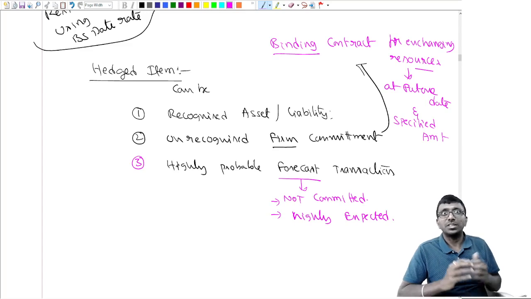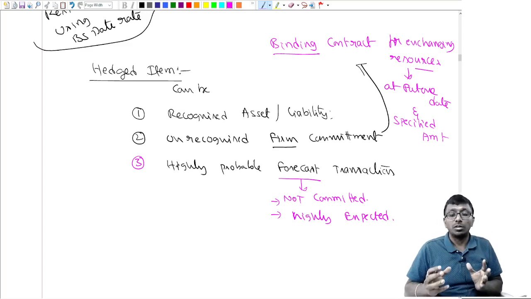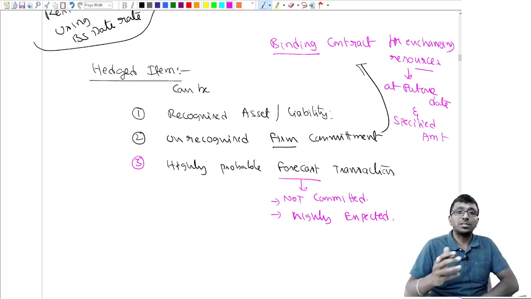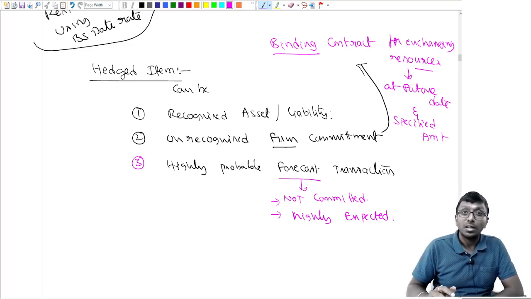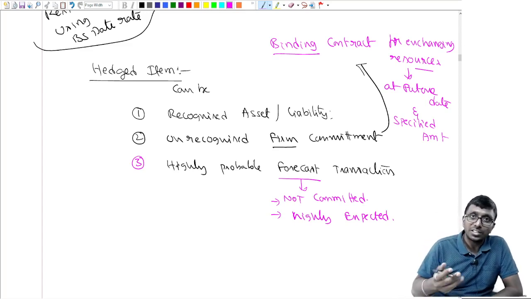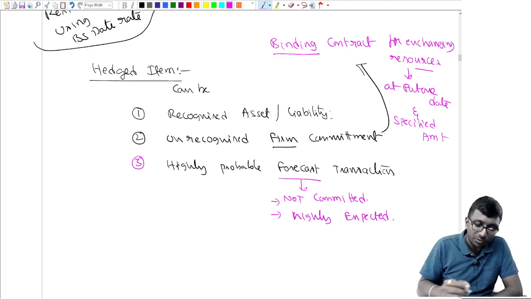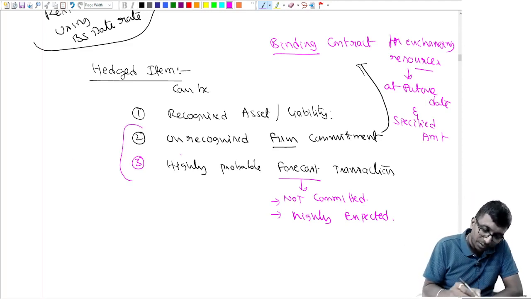It is highly probable, not just probable, very much expected. Firm commitment is not recognized, and this, being highly probable with no agreement, is also not recognized. Both are unrecognized. You can write here: it is not recognized.